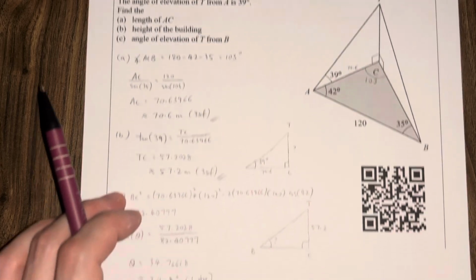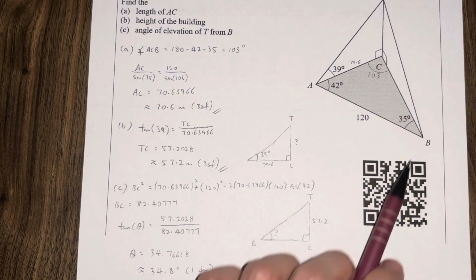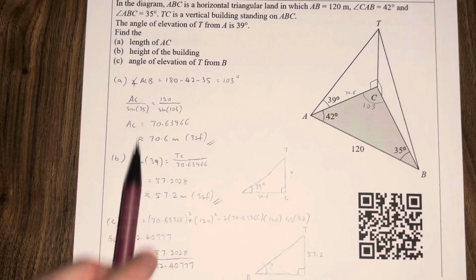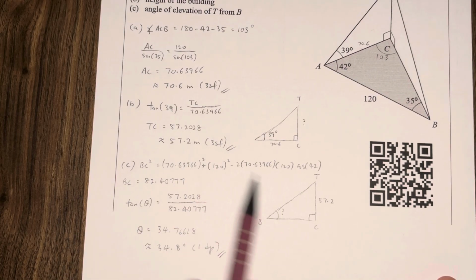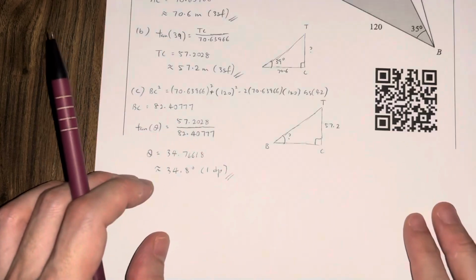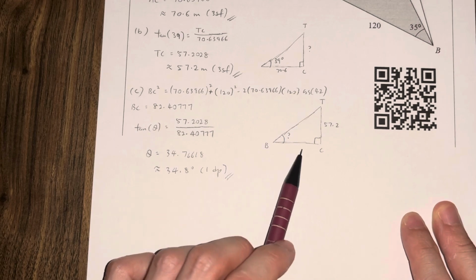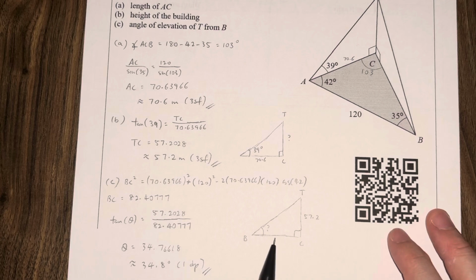So as always, I draw the triangle. It's BC on the ground, and the top of the tower is T. Sure enough, I've just found this, so this one goes here, and this is the angle I need. Now looking at this diagram, I need either this or this, and I have neither of them. So I'm looking for a way I can find BC.